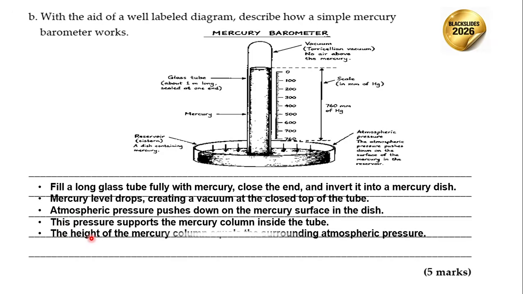Eventually, the height of the mercury column equals the surrounding atmospheric pressure. That's how a simple mercury barometer is used to measure atmospheric pressure. Standard atmospheric pressure is 760 millimeters, which is also the same as 76 centimeters.